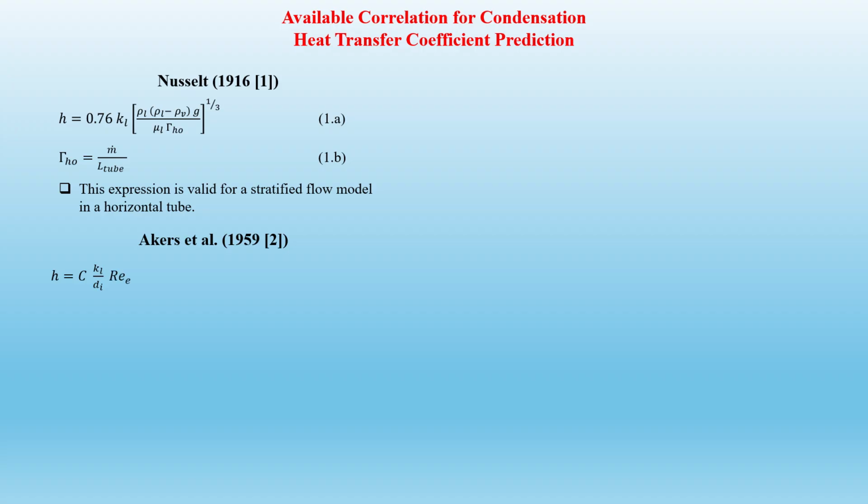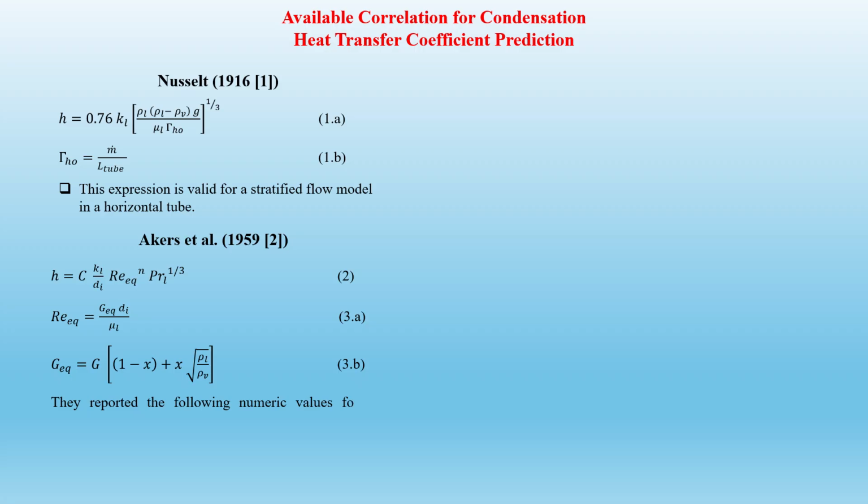We have Akers et al. in 1959. He presented an equation similar to the general form of the convection heat transfer coefficient. And here we have the constants C and n, which depend on Re equivalent, and Re equivalent is defined by G equivalent as shown in equation 3b.